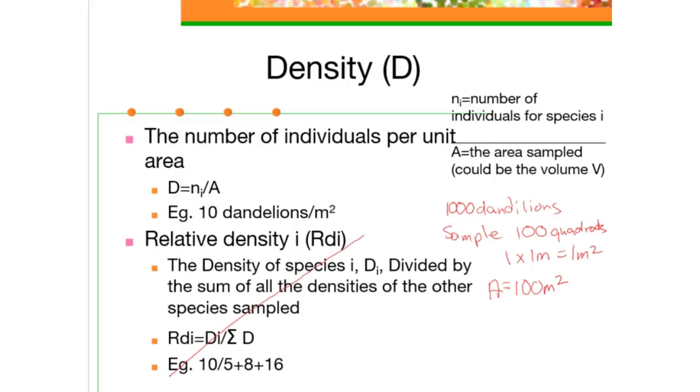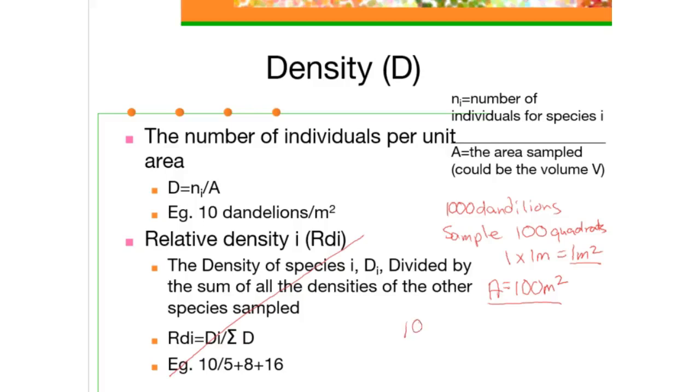So density, here's an example. I have gone out and I have sampled 100 quadrats. Every single one of them was 1 by 1 meter, which means in total that I have done 100 1 meter square quadrats. So my area is 100 meters squared. And in that area I found 1,000 dandelions. So on average, how many are in every quadrat? Let's have a look.